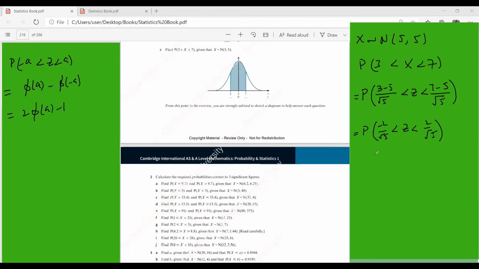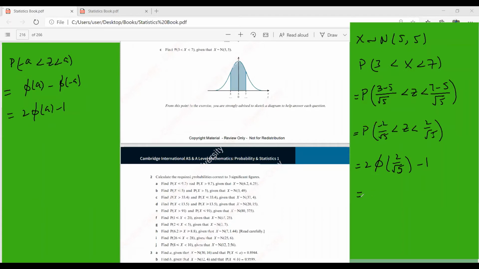They will write this happily: 2 phi of 2 over under root 5, minus 1. Otherwise, the ones who haven't done that, these symbols would definitely be haunting them, scaring them.